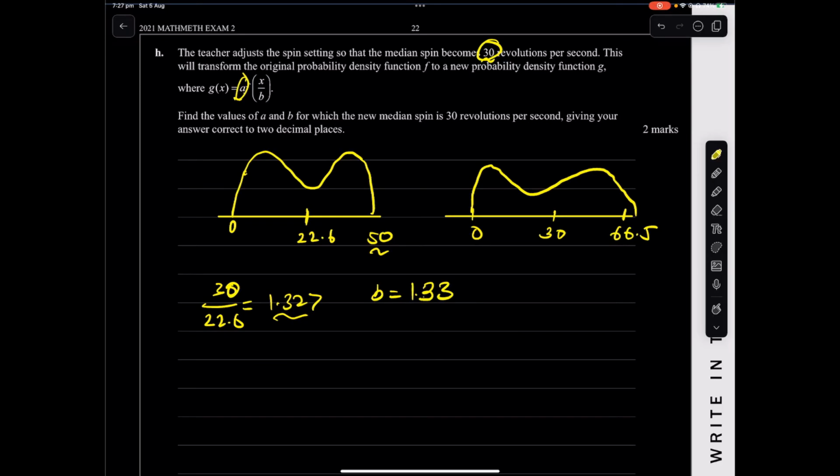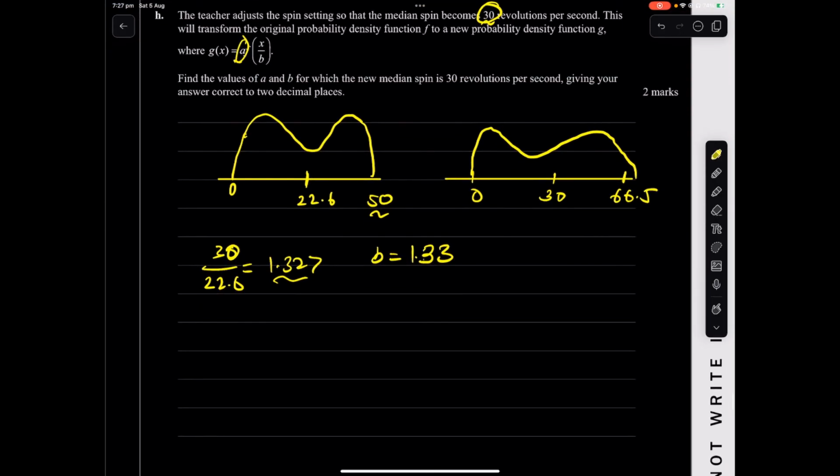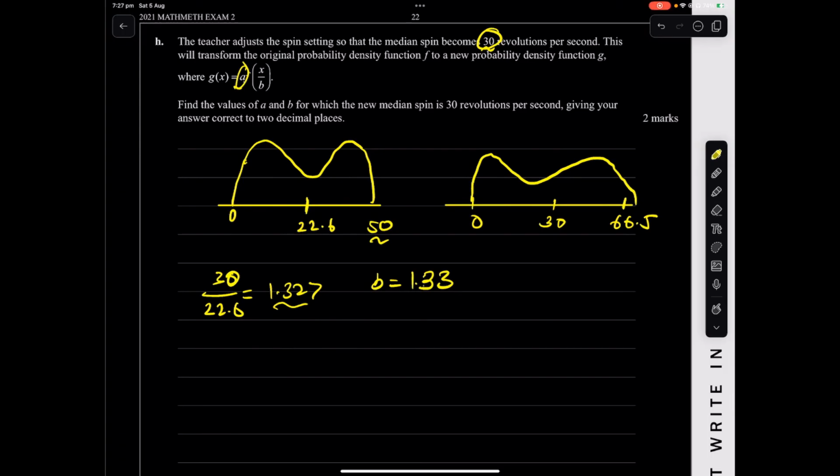And that value of A would be... Wouldn't it be this reciprocal? 1 over the value of B? Wait, because if that graph is that, it transforms to this. Yeah, wouldn't it be the reciprocal of the value of B?